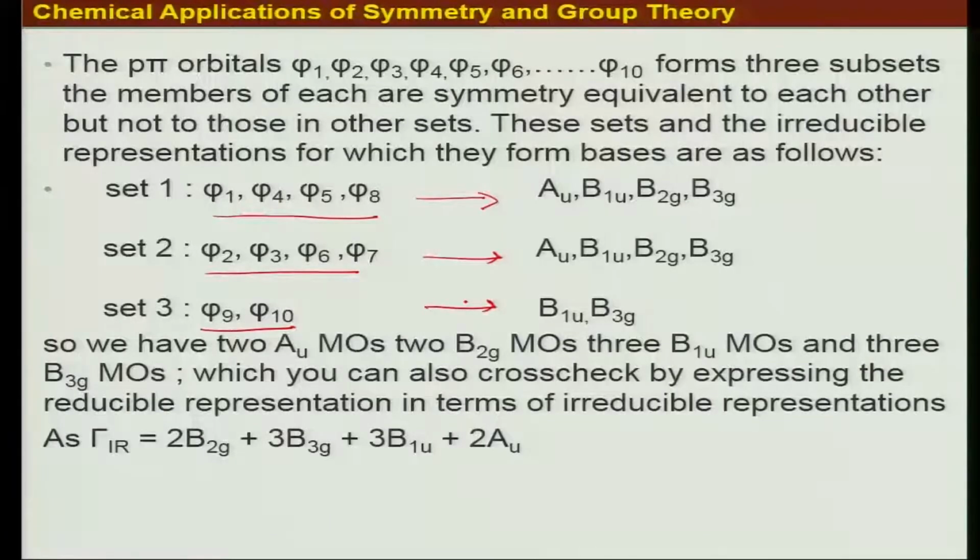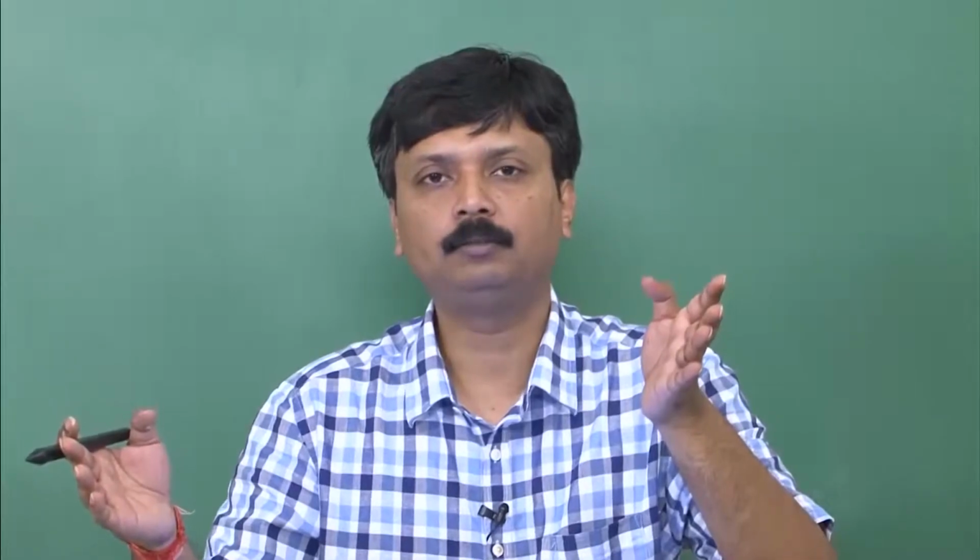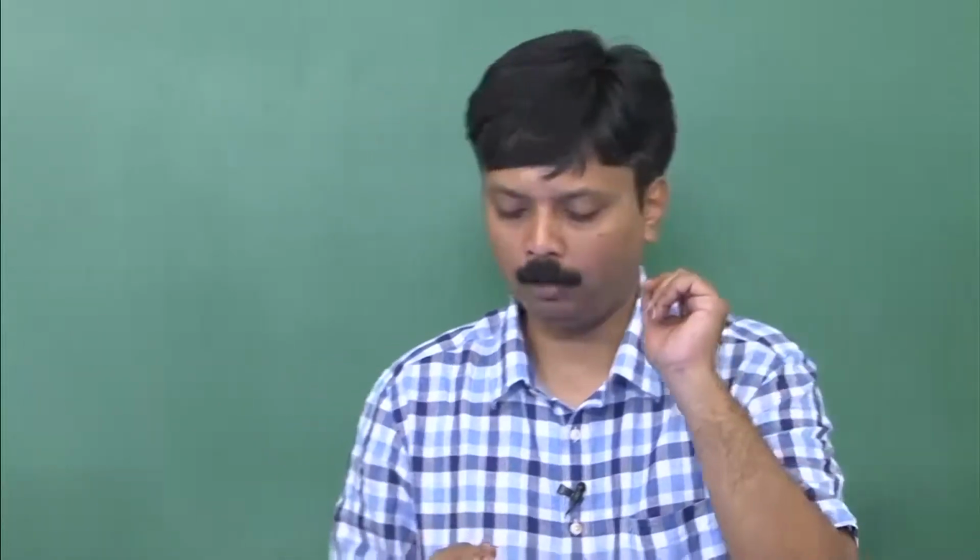So altogether you can find out which types of irreducible representations occur and how many times. You should get the same result if you take the reducible representation formed by using the basis set having 10 p pi orbitals.